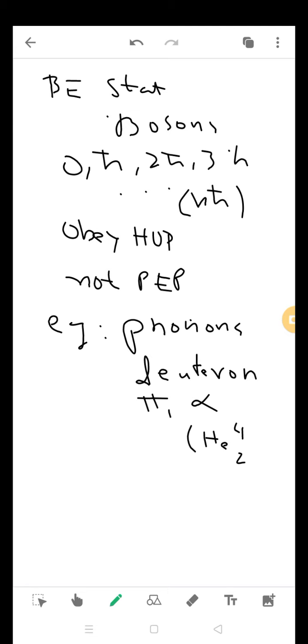All these are bosons. So deuterons have spin s equal to 1, whereas the alpha particle has spin s equal to 0. So both of them can be considered as bosons.